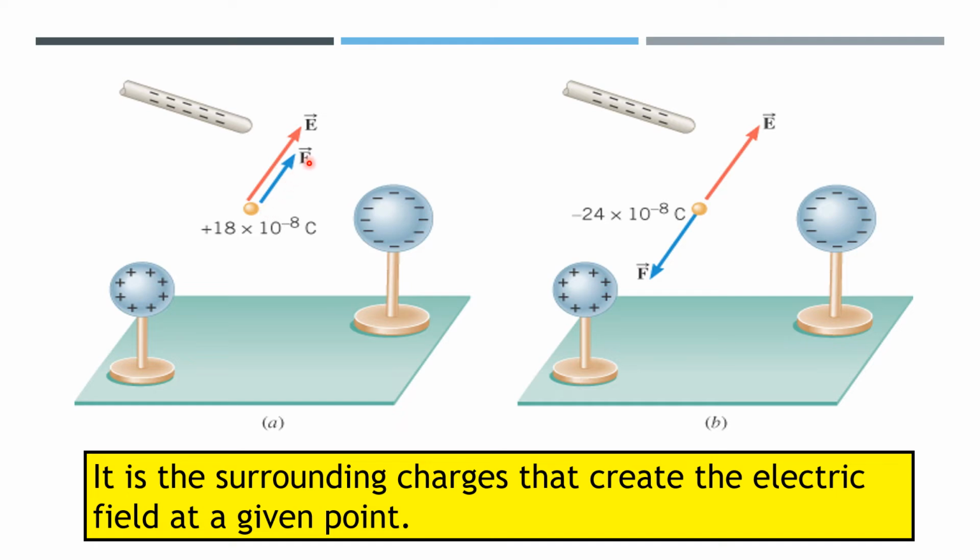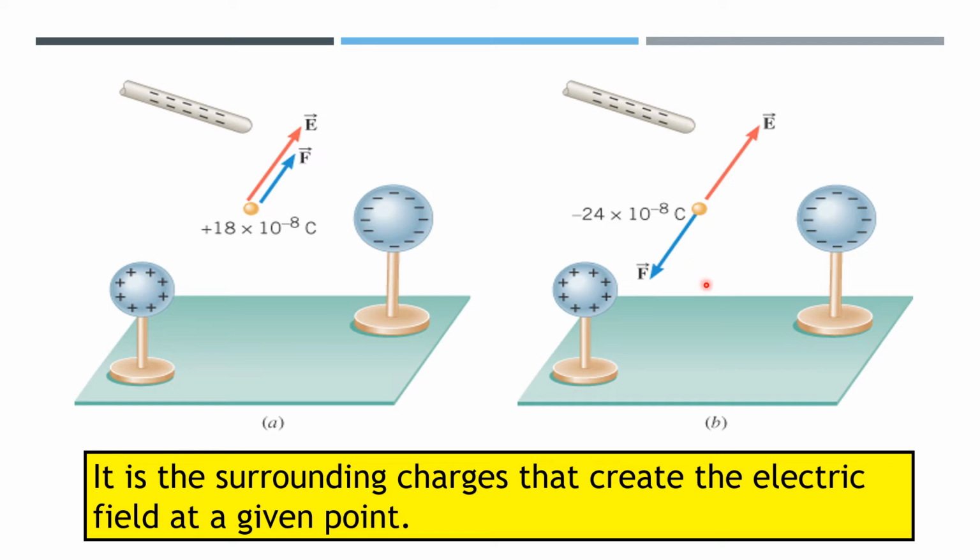And if you divide that net force by Q naught, the charge of the test charge, you will be defining the electric field at that point. For a positive test charge, we describe the direction of the electric field to be the same direction as the net force. That is the meaning of this letter A illustration.